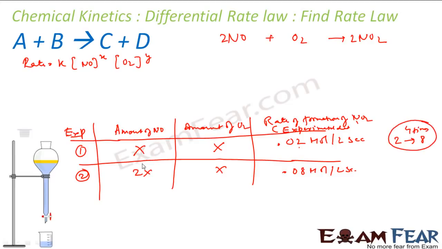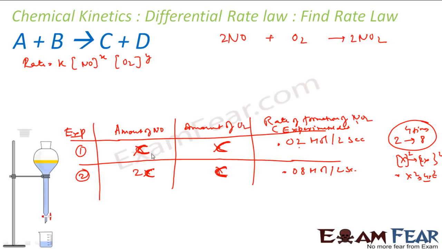Correct? So x became 2x, it is 2 times only, but if we say x squared, it becomes 2x squared, which is 4x squared, right? So instead of x, let's take some term C here. Let this be C, and this be 2C.